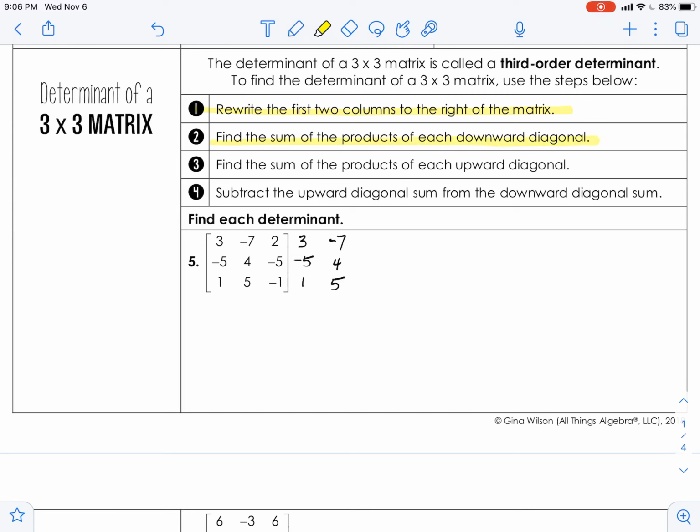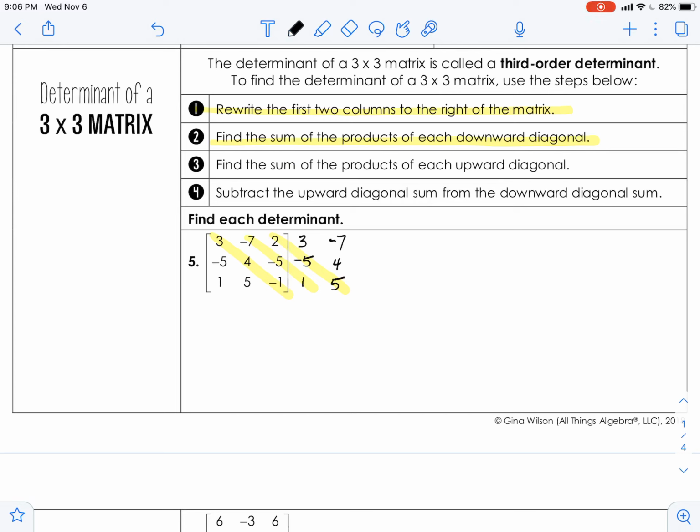Okay? And then the next thing that we are going to do is find the sum of the products of each downward diagonal. So what I mean by that is this is my downward diagonals. And do be sure that when you rewrite those three that you keep them lined up. So I'm going to find the sum of the products.